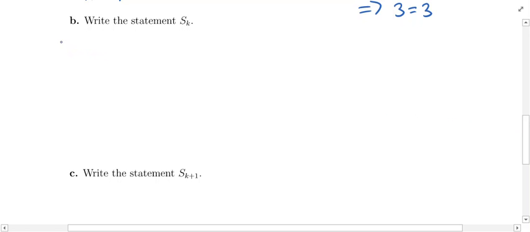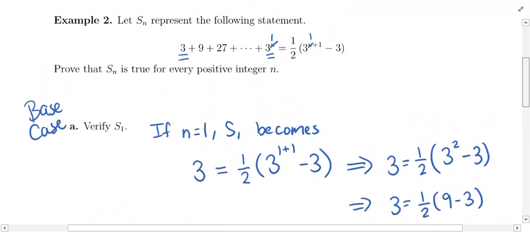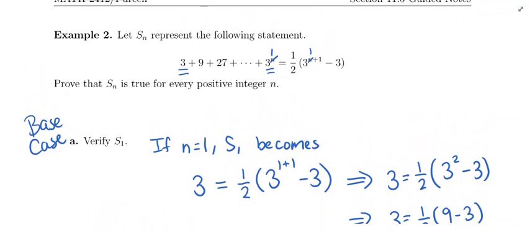Looking at part B, the statement Sk, that means we're writing down the statement for the counting number n equals k. So Sk is going to be what? Well, I'm going to go to my original statement, and this time the counting number is k.